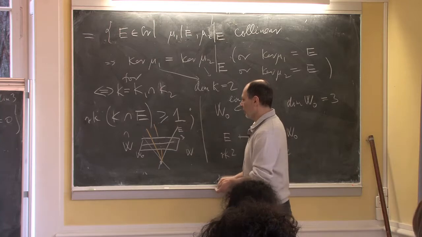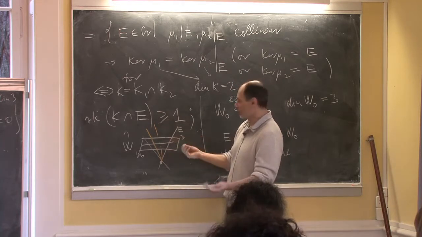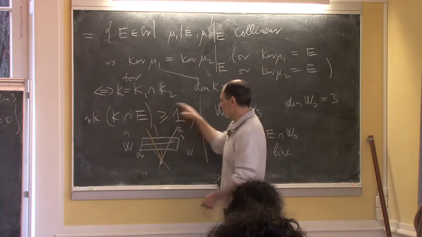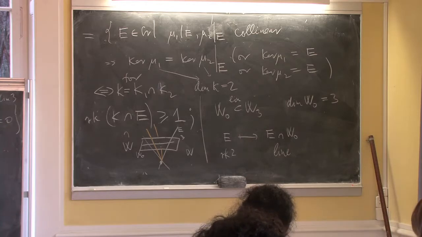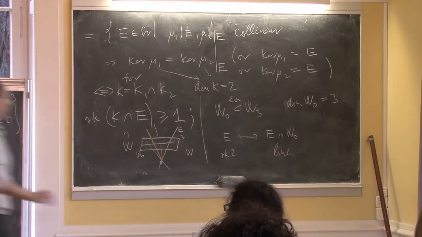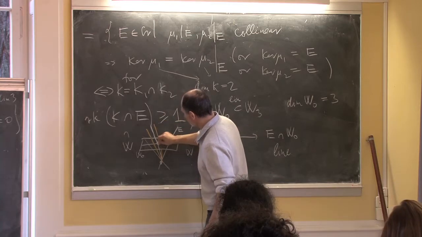Because for them to be rank at least 1, I'll now take another plane and another line. Of course, now you don't see it, because it should be three-dimensional, this W, and then they don't intersect normally. But saying that there is an intersection means that there is a common part here, like that, and then there's this intersection point.